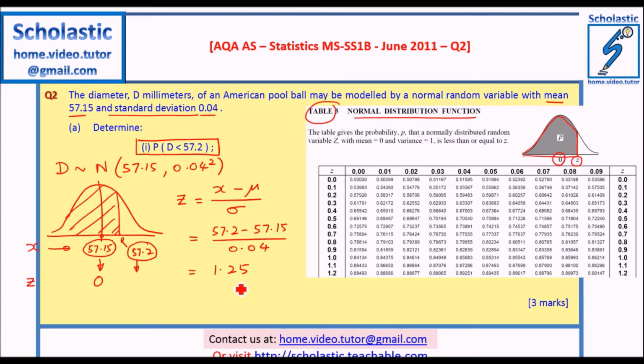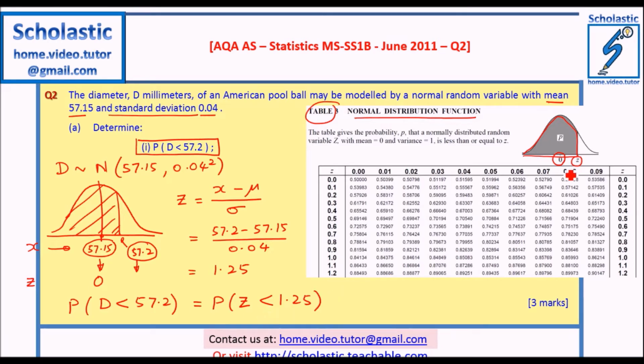So our equation now reduces to the probability of diameter less than 57.2 equals the probability of Z less than 1.25.